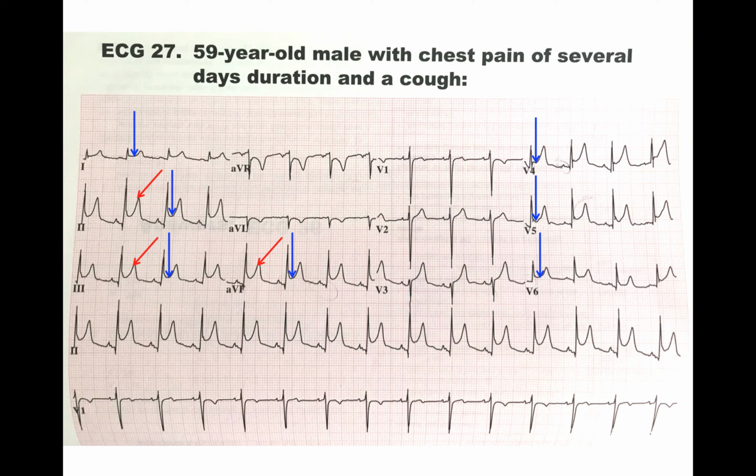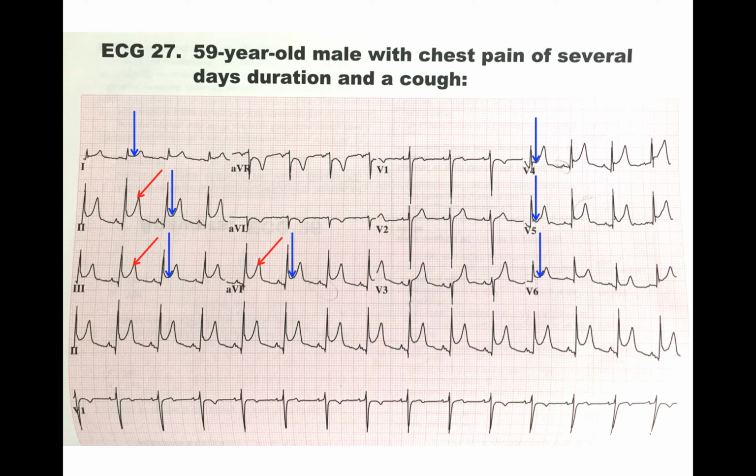Another thing you can see is a little bit of, especially in V4, the electrical alternans once again. And if you have a patient with pericarditis as well as electrical alternans, as you see here, you see QRS shorter than this one and then shorter again, and there's just a variety of heights within the QRS complexes.